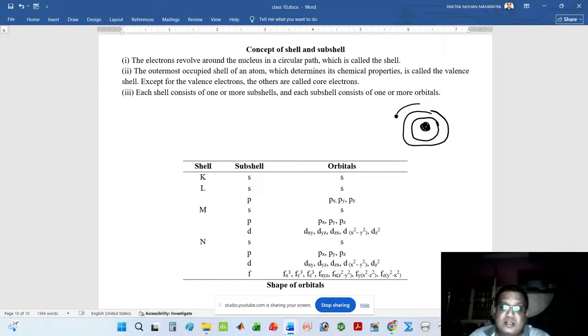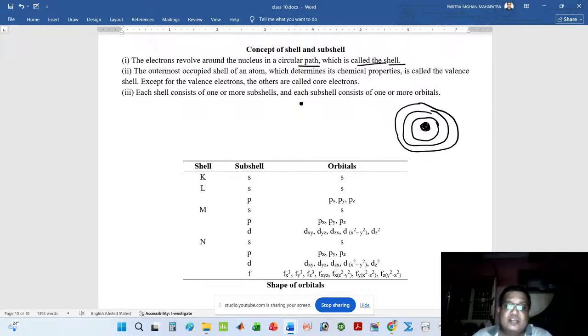So these are the different shells present here. So I can say that the electron revolves around the nucleus in a circular path, which is called a shell.